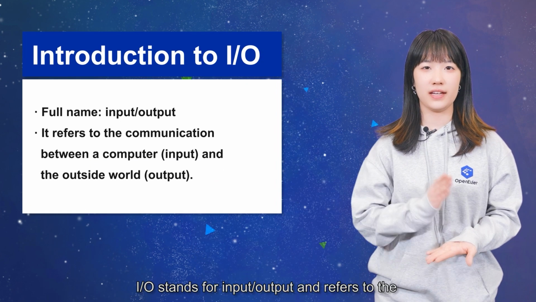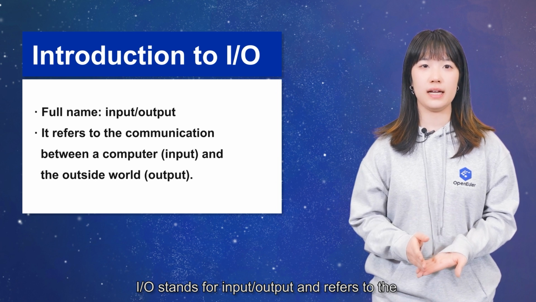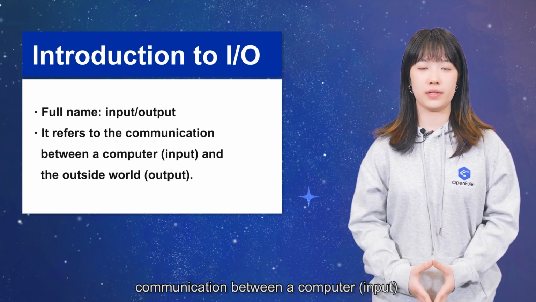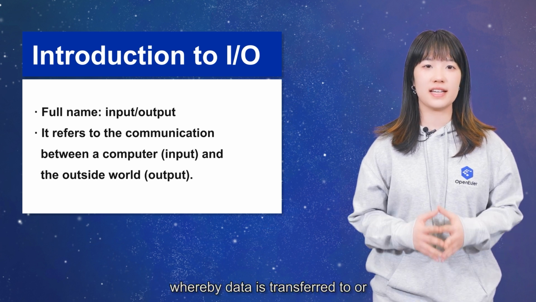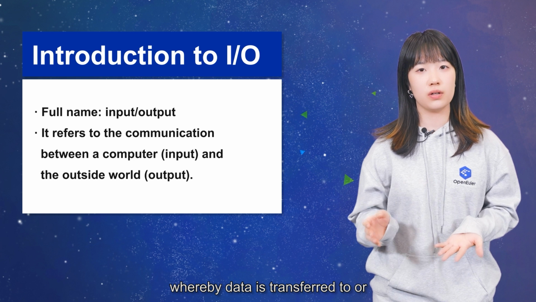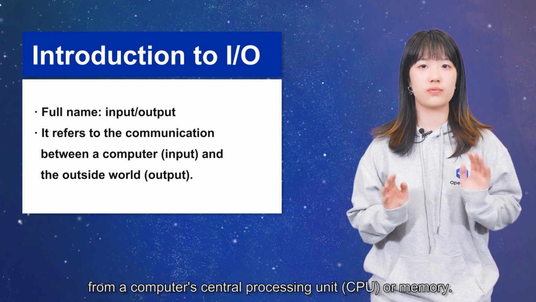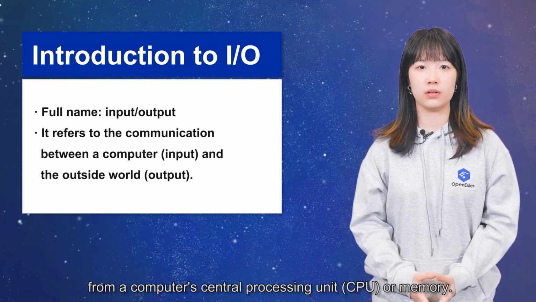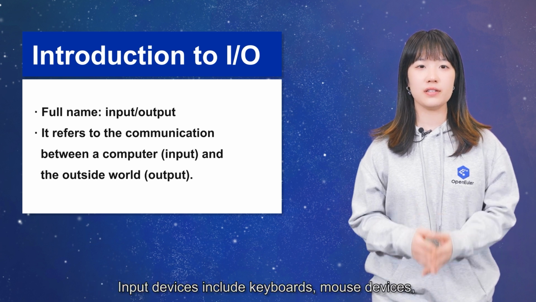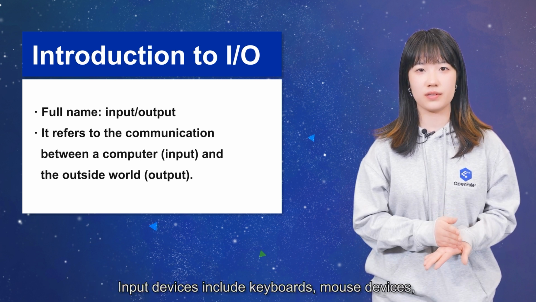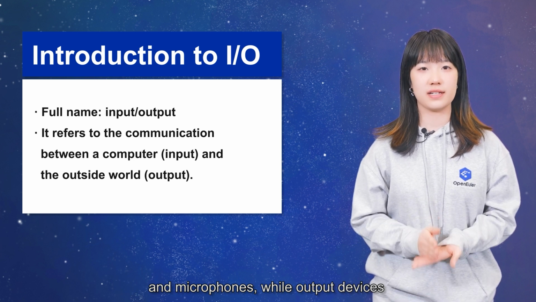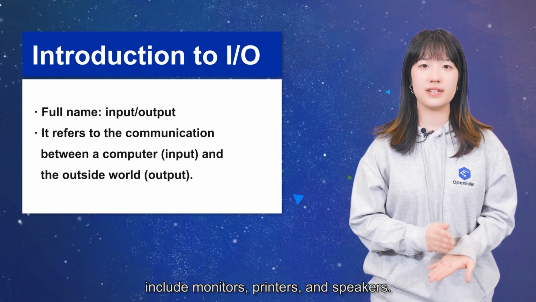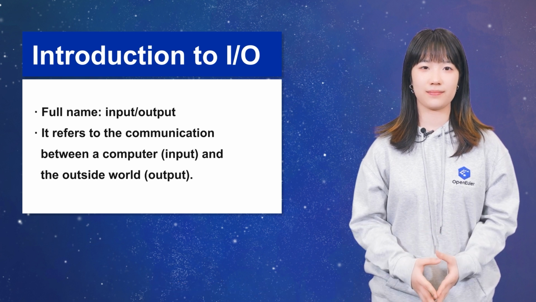I/O stands for input or output and refers to the communication between the computer and the outside world, whereby data is transferred to or from a computer's central processing unit, CPU, or memory. Input devices include keyboards, mouse devices, and microphones, while output devices include monitors, printers, and speakers.